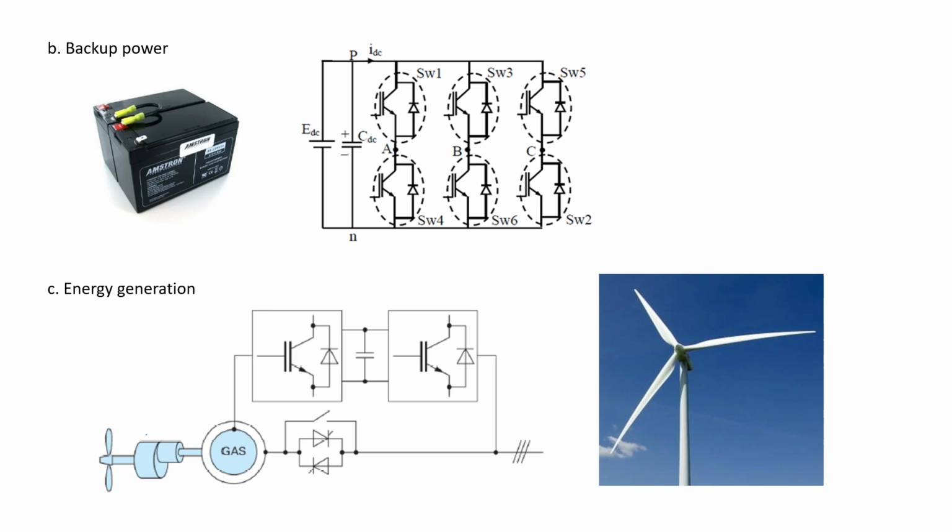And let's say we want to use the power for an AC motor. Because solar is DC, then we need to use an inverter, right, to convert from DC to AC.